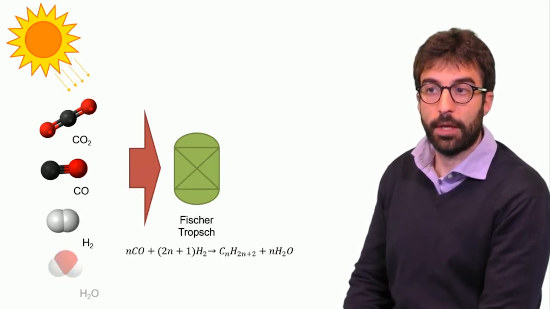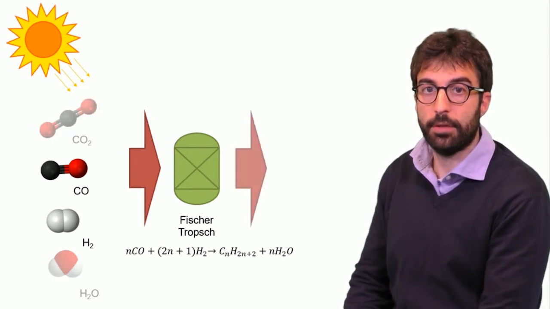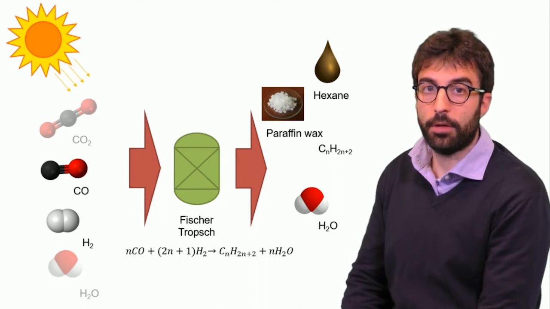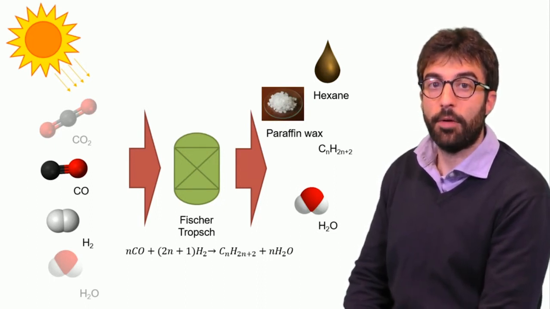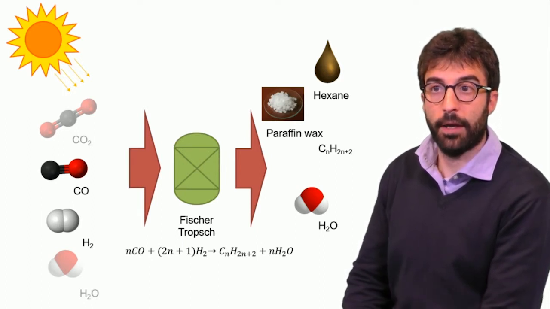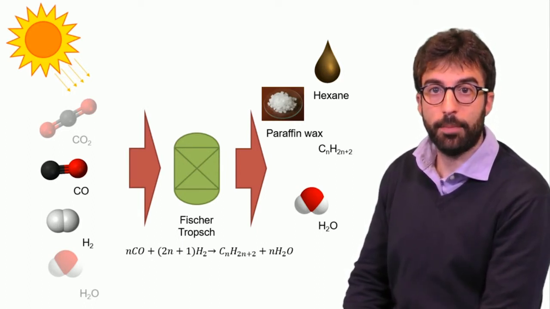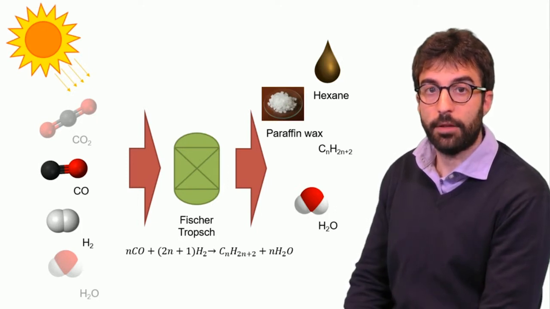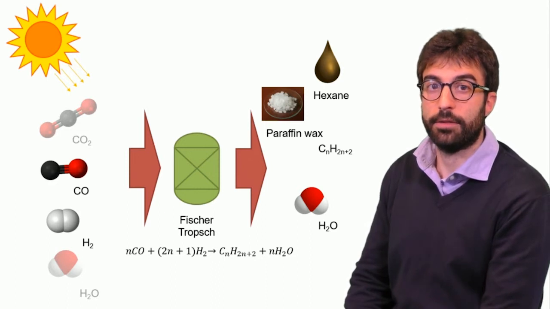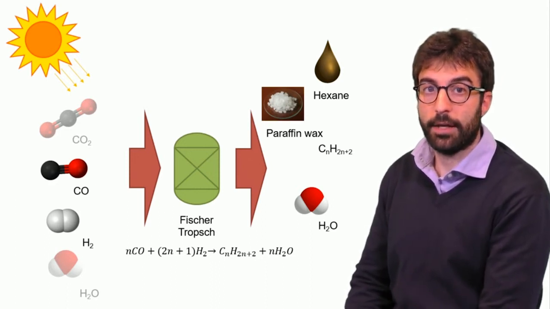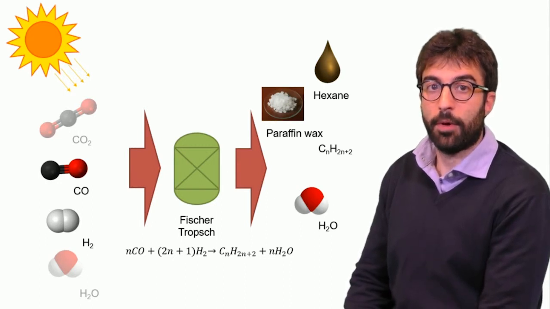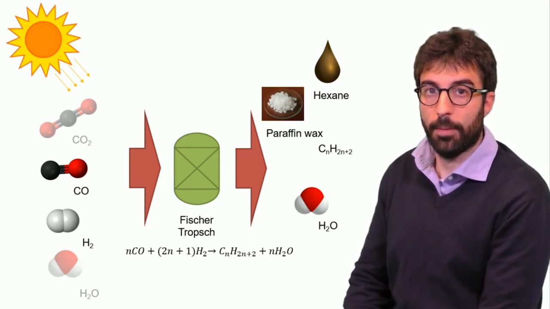In this case, we can optimize the syngas composition and the process to get different kinds of products that can be optimized to get very high density fuels, such as hexane and paraffins. Hexanes are liquid and paraffins are solid. So we can also obtain hexane, which is a product very similar to gasoline. So we can get gasoline from the sun's energy. The byproduct is again steam or water.